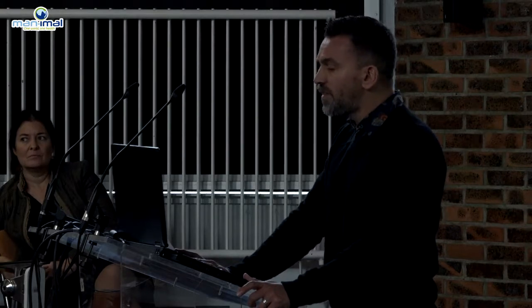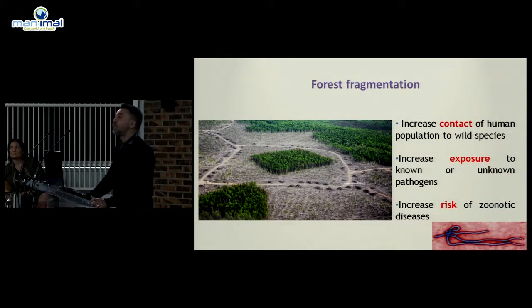Forest fragmentation is also a loss of biodiversity, and this loss of biodiversity will tend to increase contact of the human population with the wild species, so increased exposure to known or unknown pathogens, and increased risk of known or unknown zoonotic diseases.